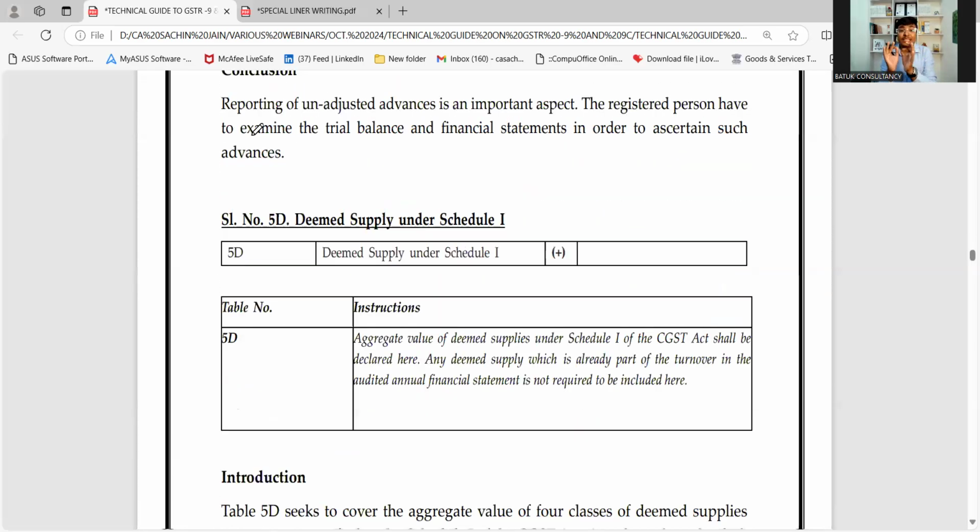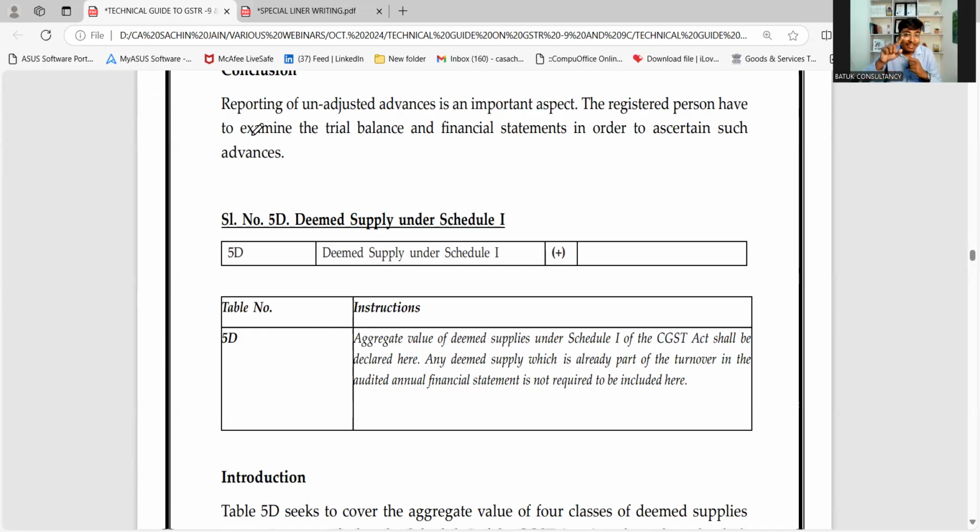Next point, deemed supply under Schedule 1, which should be declared here. Sir, what do you mean by deemed supply? Whenever there is a particular supply for which no consideration has been received, that means disposal of business assets. So if you dispose of business assets for no consideration, you are not going to book it in the audited financial statement.